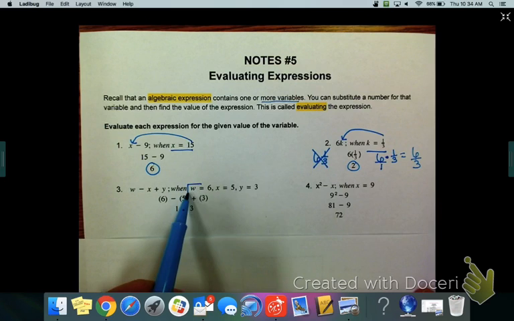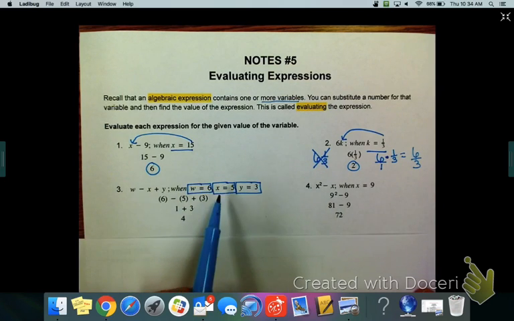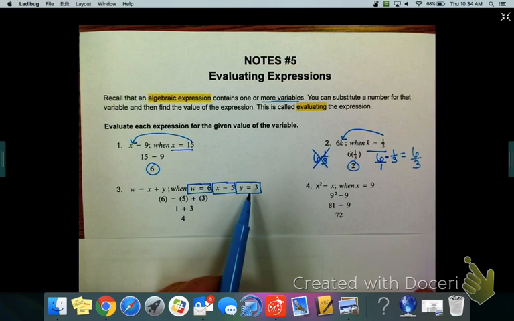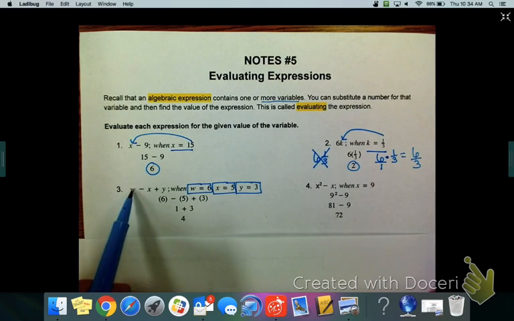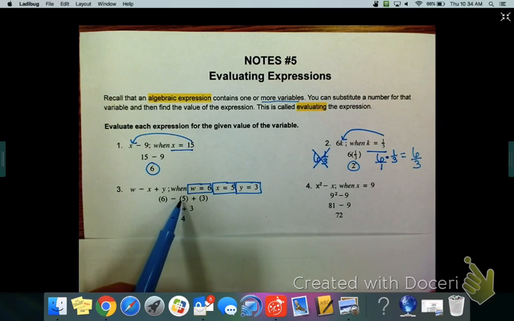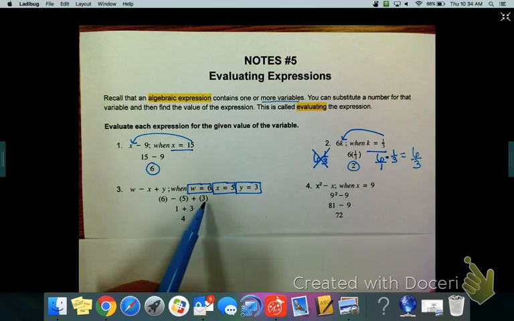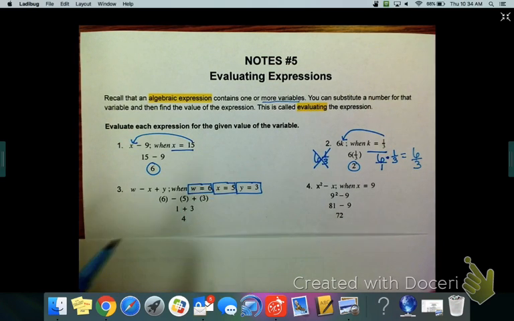I have a w, an x, and a y. It tells me what all three variables represent. So when I go to substitute them in, when I see w, I put a 6. When I see the x, I put a 5. And when I see the y, I substitute in the 3. In this particular one, they've put parentheses around each of the numbers. You would not have to do that.